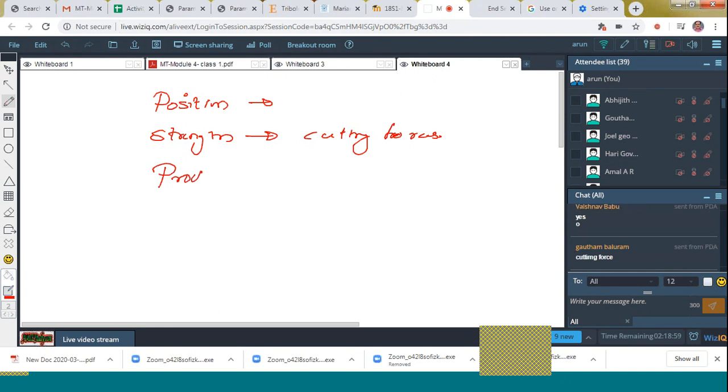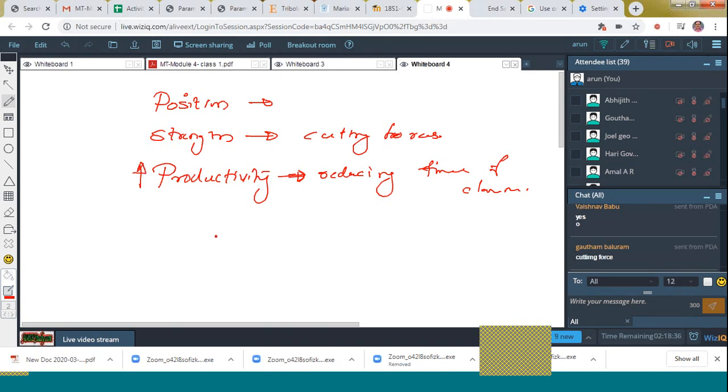And what is next? I give the term productivity. Can you say how I can increase the productivity? By reducing the time of clamping, we can increase the productivity.